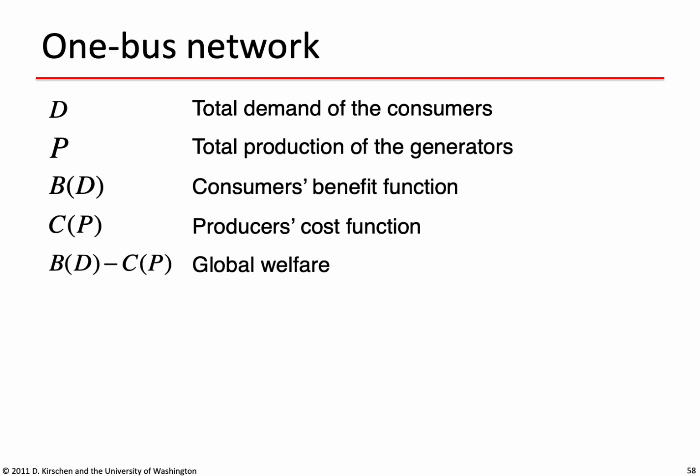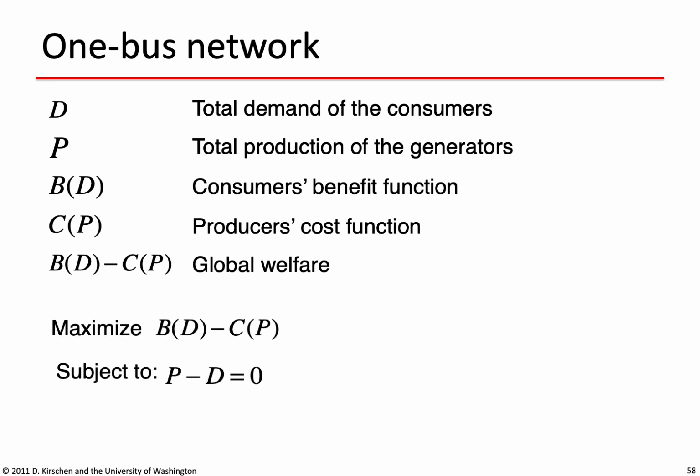In this one-bus system, D will represent the total demand from the consumers, P will represent the total production of the generators, B of D will represent the consumer's benefit function, the value that the consumers get from electrical energy, C of P will be the producer cost function, and the global welfare will be the difference between B of D and C of P. So our objective is going to be to maximize the global welfare, subject to, in this case, a single constraint that the load must be equal to the generation, or P minus D must be equal to 0.